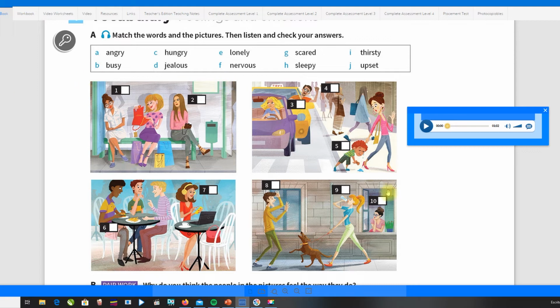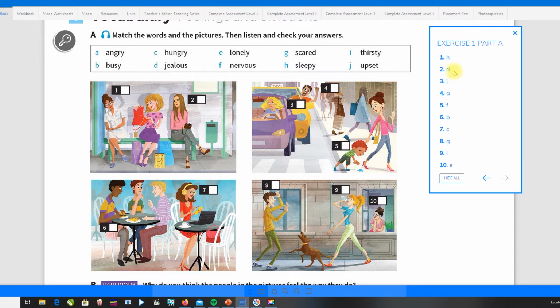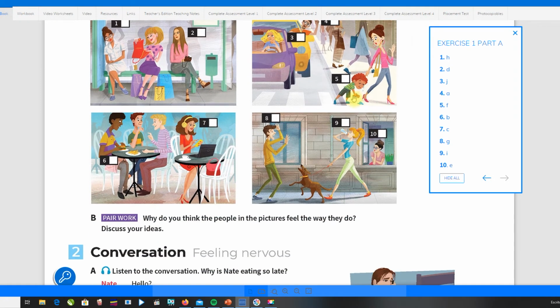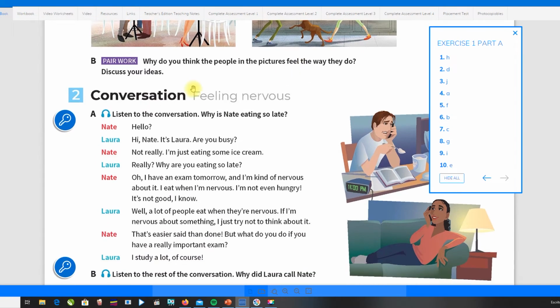Finished. Okay. With this, let's check out your answers. Okay, there we are. Here we have the answers. These are the correct answers for each of these pictures, right? On the next part, part 2, it says conversation, feeling nervous.